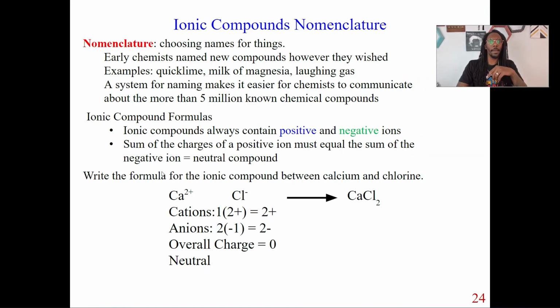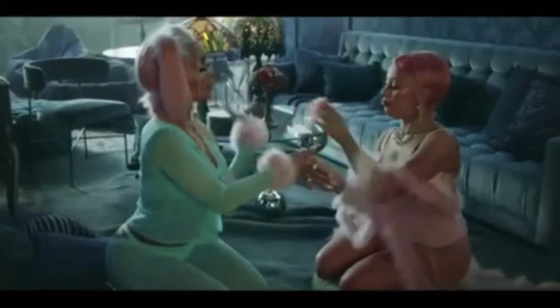So, right, calcium has a charge of +2. How do we know it has a charge of +2, Dr. J? It's on the periodic table. Okay, so when I say that the periodic table will be your biggest friend this semester, it's going to be your biggest friend this semester, okay?